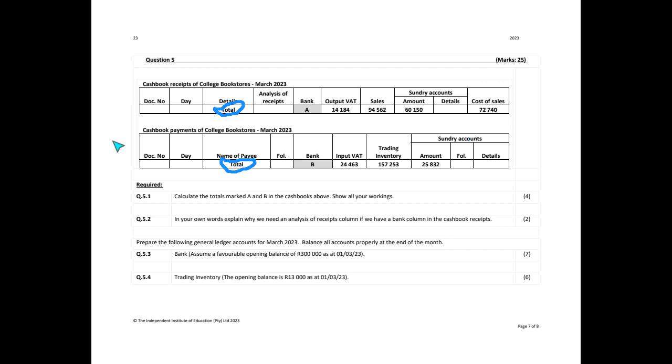So the first thing that you've got to do is work out what the rand value is that must go in our main bank column for the cash book receipts and for the cash book payments. So go again to your textbook where they first introduced cash book receipts and cash book payments.